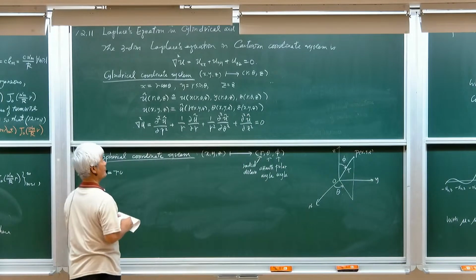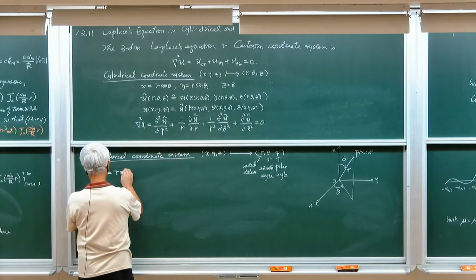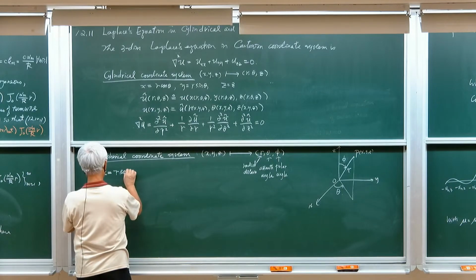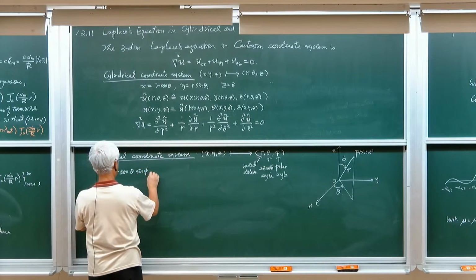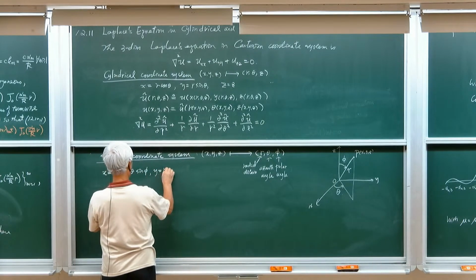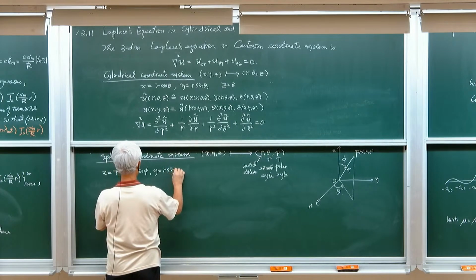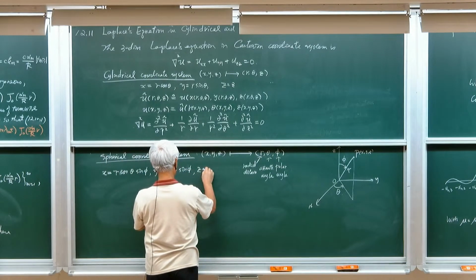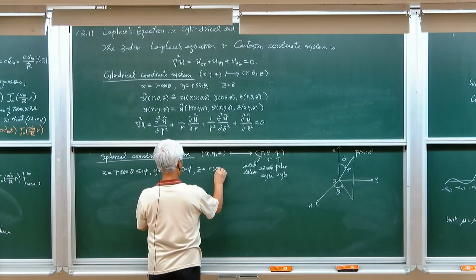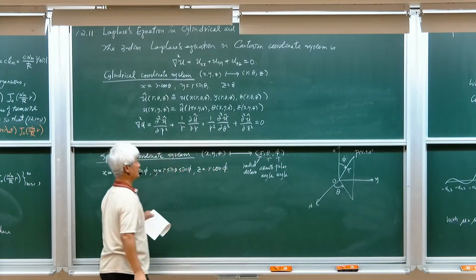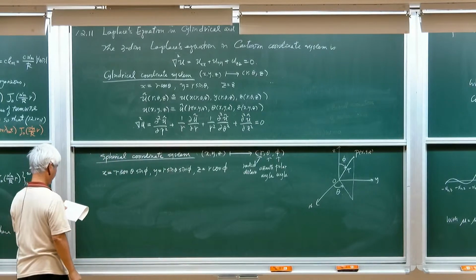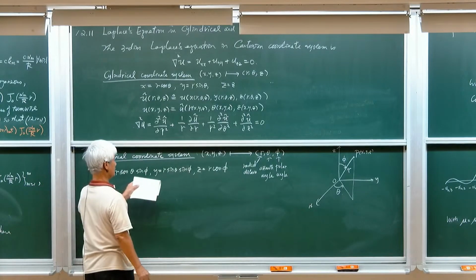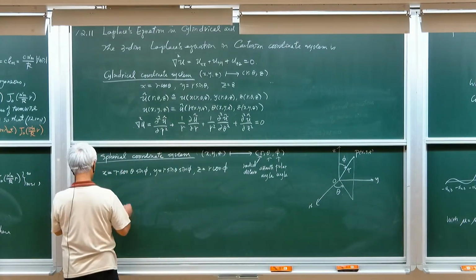So x is r cosine theta sine phi, y is r sine theta sine phi, and z is r cosine phi. This is the coordinate transformation.